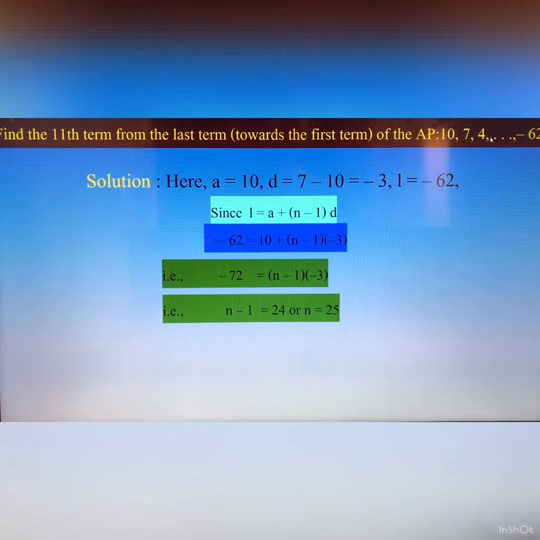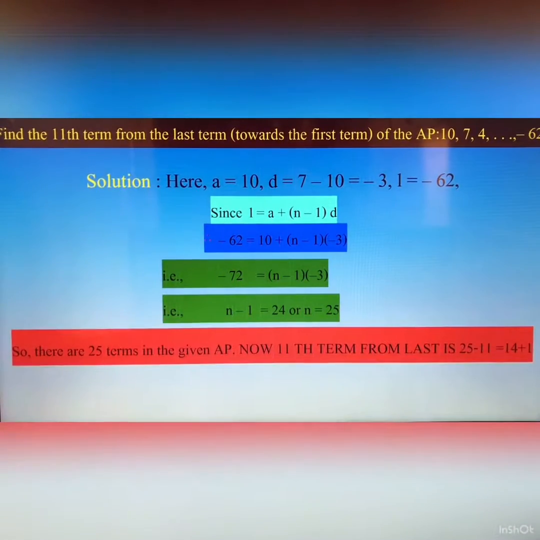Now our requirement is to find the 11th term from the last. The 11th term from the last means 25 minus 11. We subtract this 11 from the total number of terms, so we will get 14, and plus 1, that is the 15th term, is the 11th term from the last.